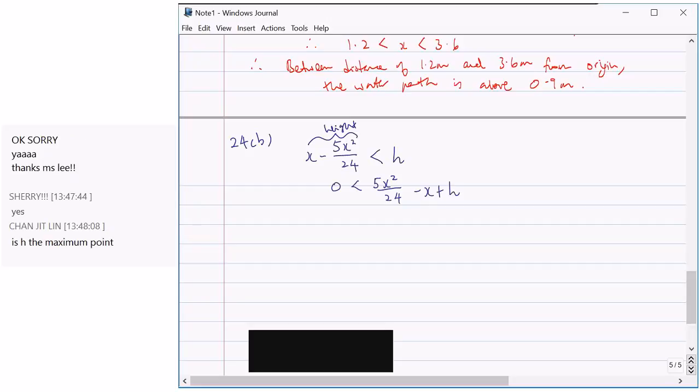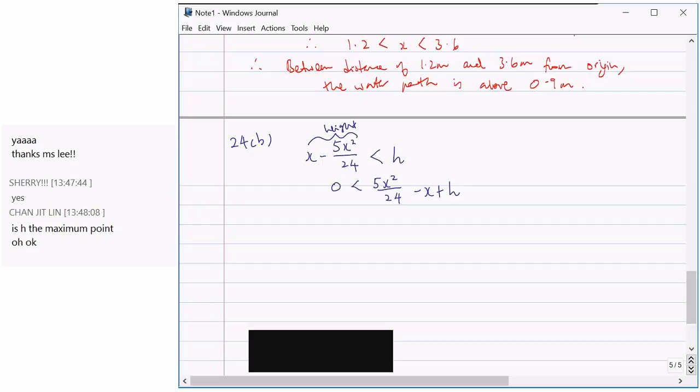No, h is not the maximum point. H actually is the lowest point, because you want the water level to be always below, sorry, H is the highest point, sorry. You want the water level to be always below H, that's right. But H can be higher than the highest point.